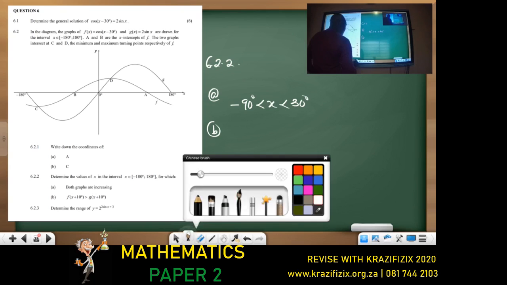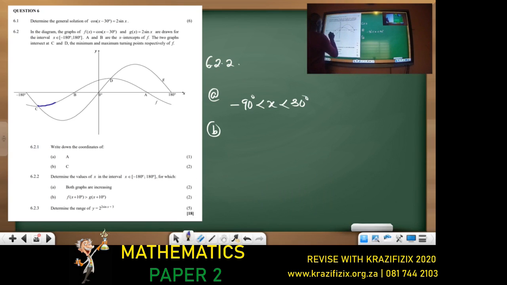I wanted to follow this very closely. This is very challenging. Now, where is f of x itself greater than g of x? It is between C and D. Remember what the value of D is. This is 30. And what is the value of C? Negative 150. Now those are the values where f of x is greater than g of x.